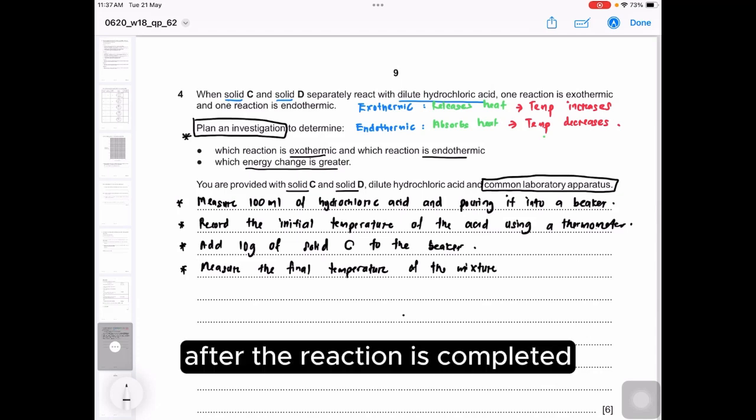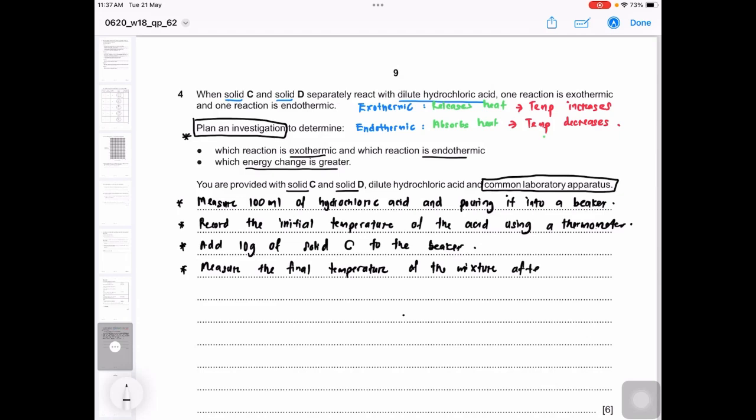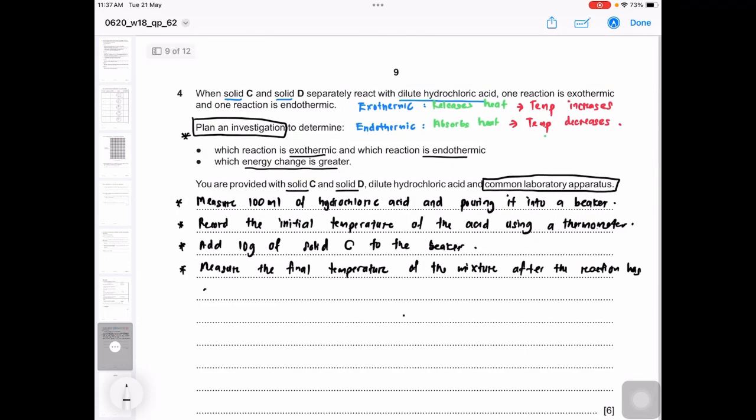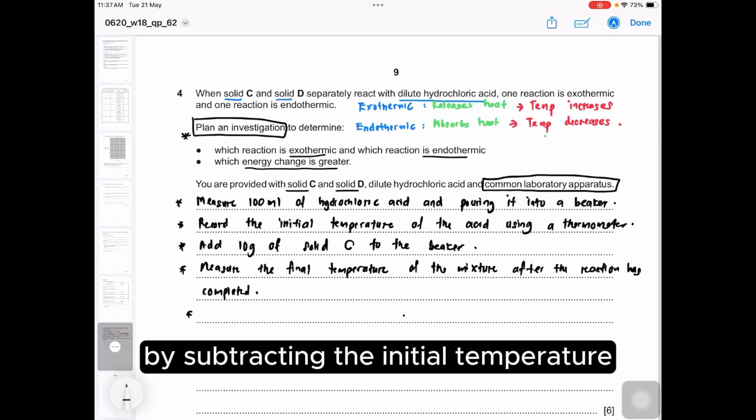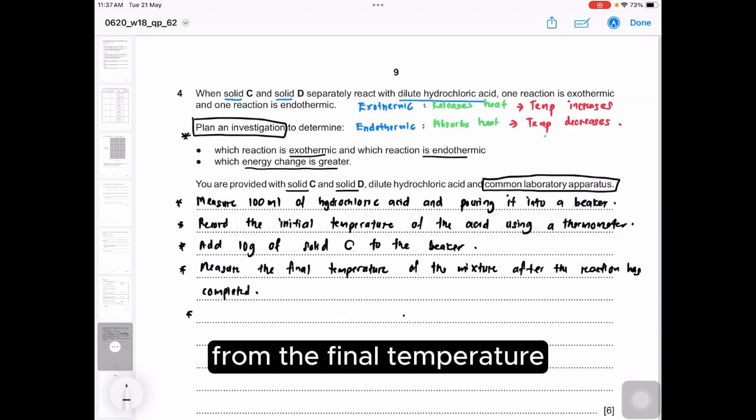So after that, we need to calculate the temperature change by subtracting the initial temperature from the final temperature.